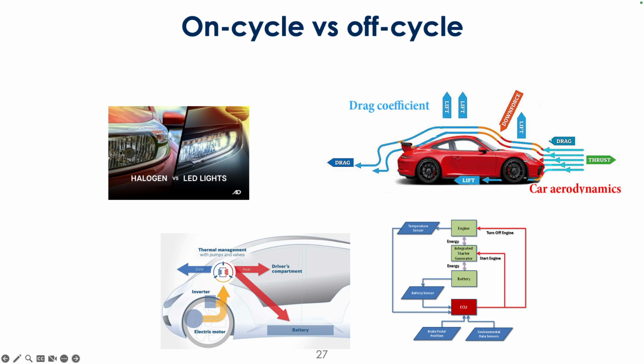For example, if your headlights are halogen lamps versus LED, the amount of energy consumed is different, even though it doesn't affect the drivetrain portion. And so the lights part wouldn't show up on a drive cycle test.